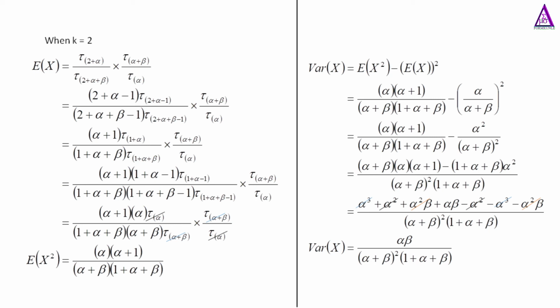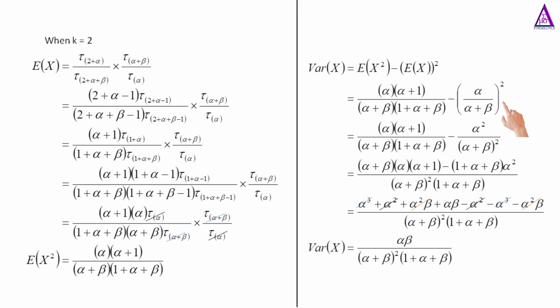So therefore, we know that our variance of x equals the expected value of x raised to power 2 minus the expected value of x all raised to power 2, and the expected value of x raised to power 2 equals alpha into bracket alpha plus 1 divided by alpha plus beta, open bracket, 1 plus alpha plus beta.